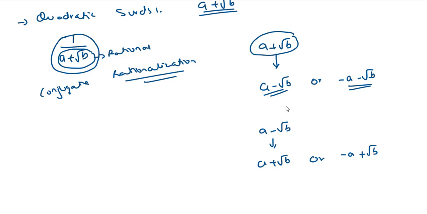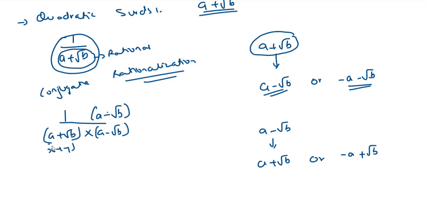So for rationalizing a surd, we'll have to multiply the surd with its conjugate value. If we multiply this surd with its conjugate value, we get a plus square root b multiplied with a minus square root b. Since we are multiplying by a minus square root b in the denominator, we'll have to multiply it in the numerator as well to balance it out. Now if you notice, this has become of the form x plus y into x minus y.